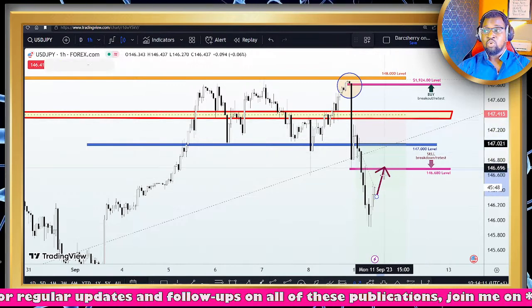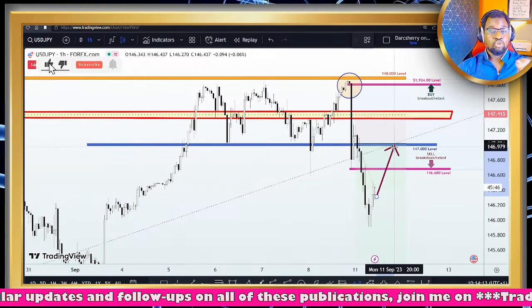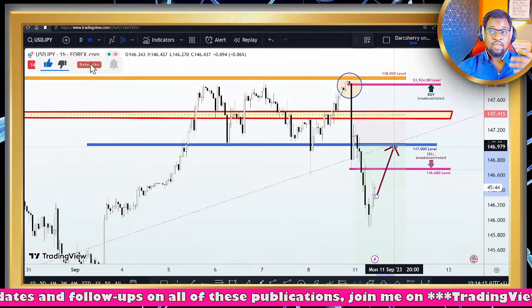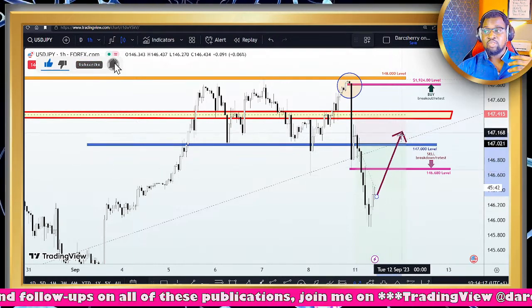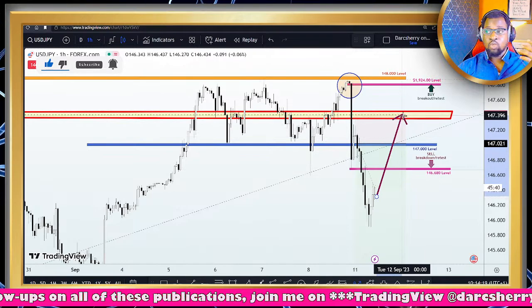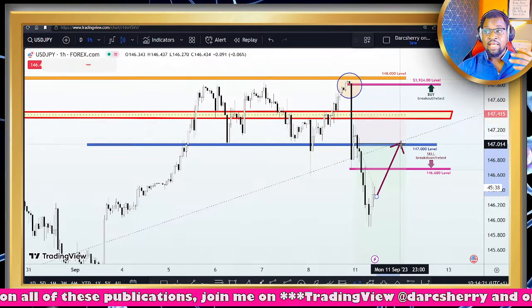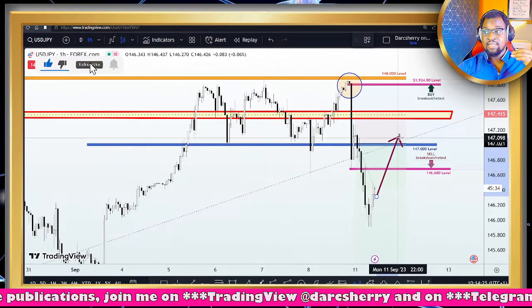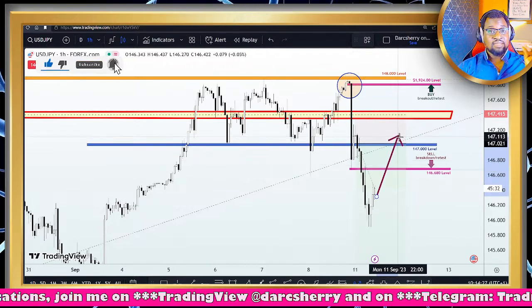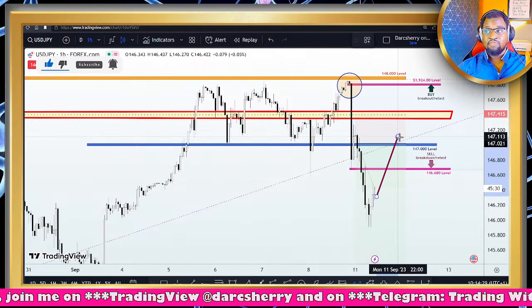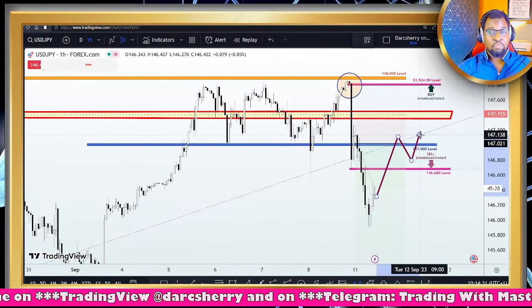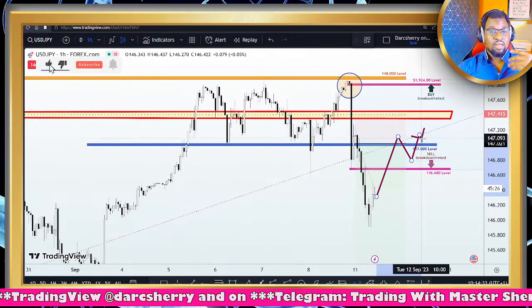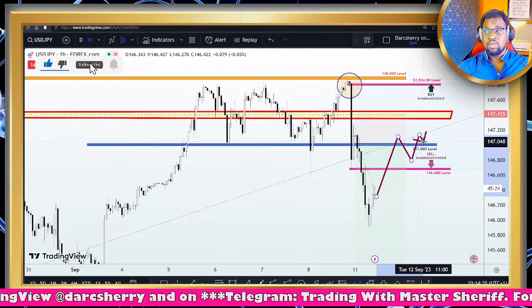But what we want to be looking at these levels are structures and patterns that support the idea of selling. So if price comes into any of the structure, it could be the 147.400, the 147.00, or the 146.680. What we are looking out for is selling pressure, which would reflect on the chart as it could come in as a double top structure, any reversal pattern, continuous selling pressure.